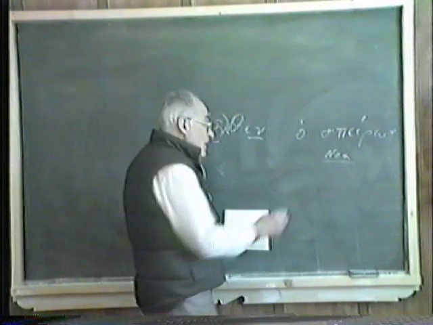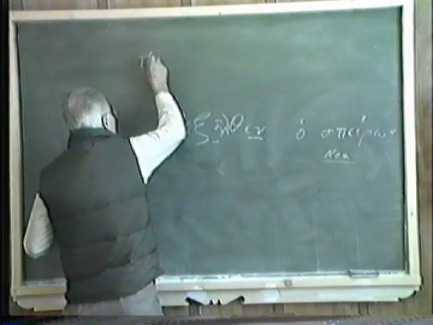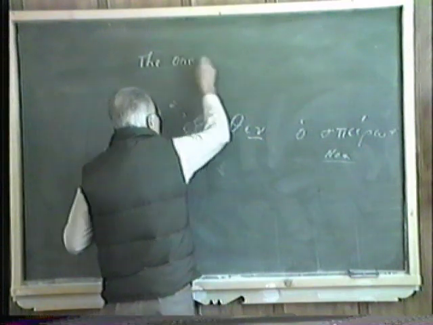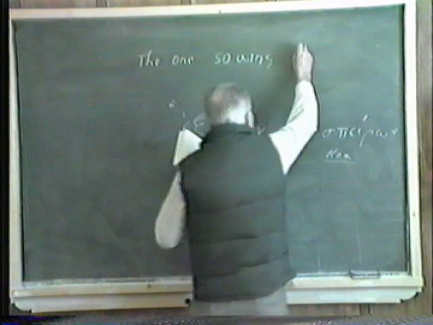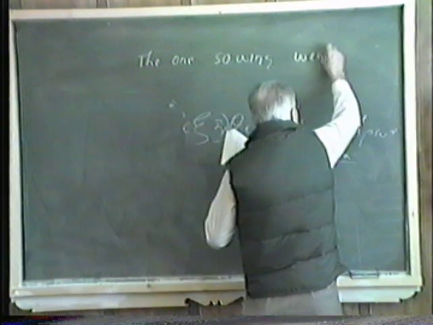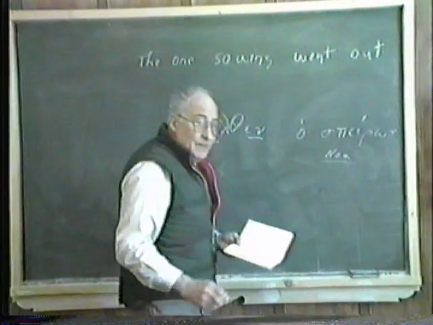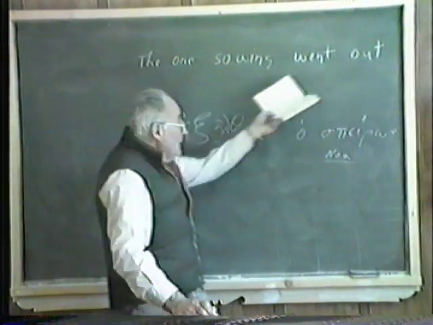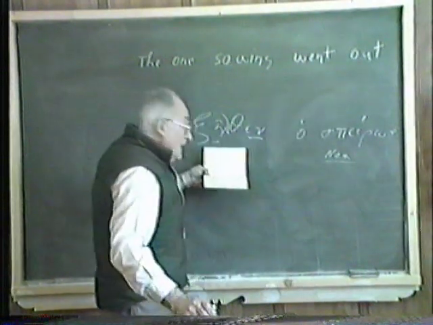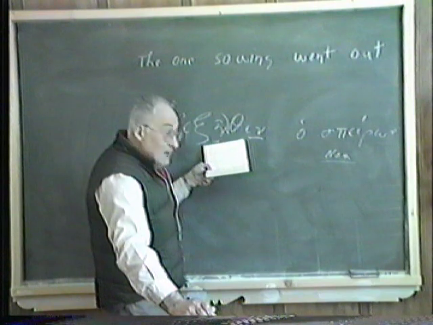All right. We have learned then: the one sowing went out. Isn't that right? The one sowing went out. Now you see, the went indicates what? Your aorist, your punctiliar.